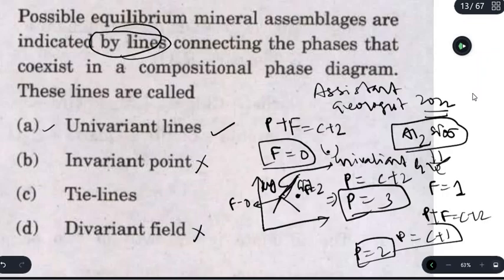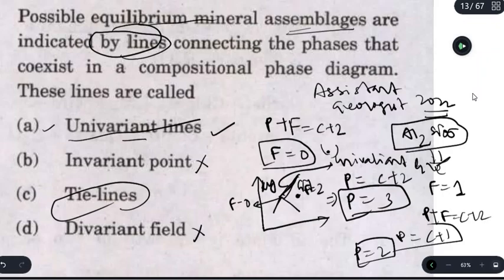Okay? So the doubt is about univariant line and tie line. See, along the univariant line also there is a mineral assemblage. Possible equilibrium mineral assemblages are there along the univariant line. That means along that univariant line, kyanite and sillimanite are stable.